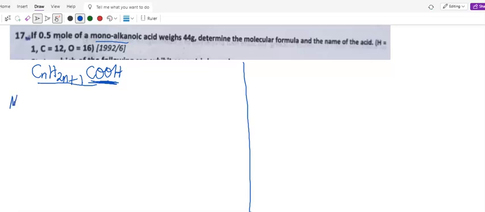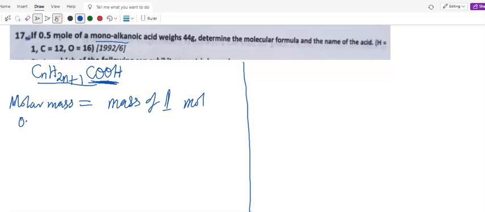When you hear molar mass, it simply means the mass of 1 mole. The molar mass of a substance is the mass of 1 mole of that substance. We have 0.5 mole of the substance weighing 44 grams. So with this, we can find the mass of 1 mole, which is the molar mass.